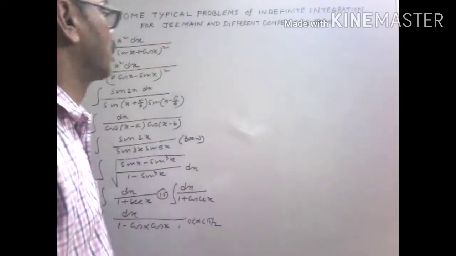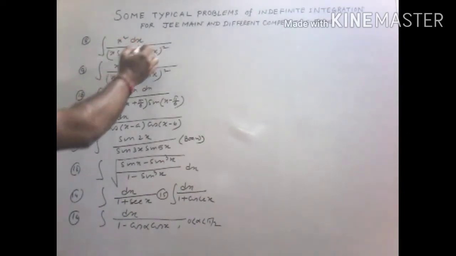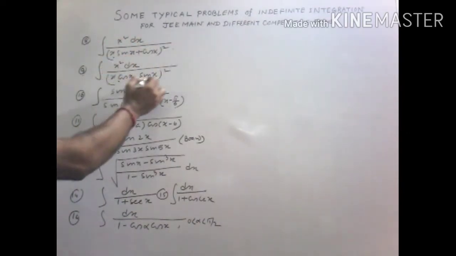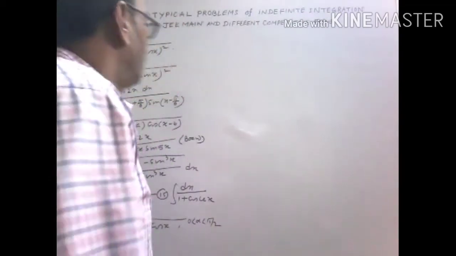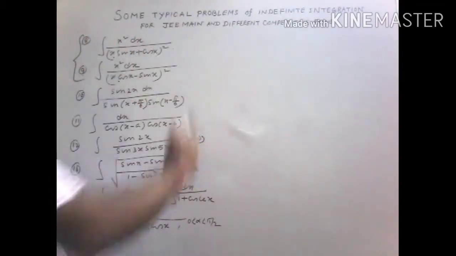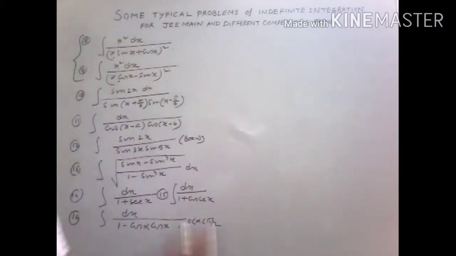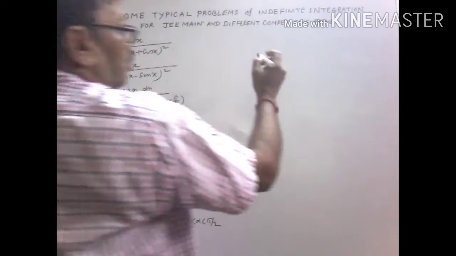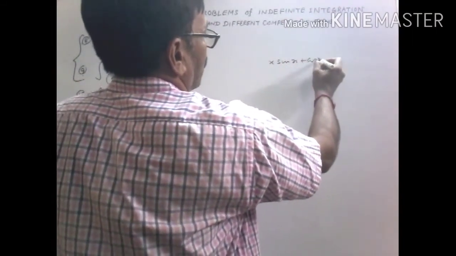Next we consider the second set of problems. So x square dx by x sin x plus cos x whole square, and x square dx by x cos x minus sin x whole square. They are exactly the same. These two problems are typical problems, but exactly the same procedure is to be applied. Now look, x sin x plus cos x.